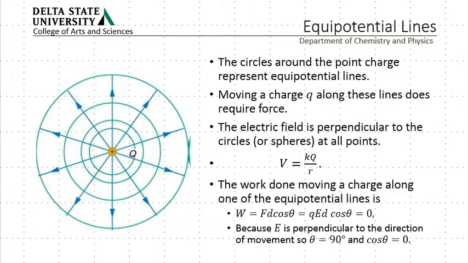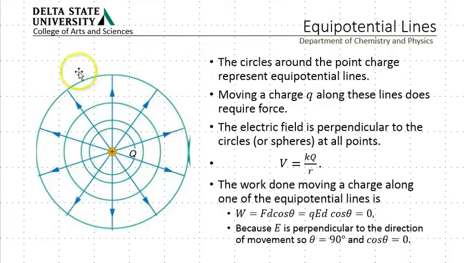So if we look at these circles, all around these circles, if we move around this circle, we're not moving against the electric field at all. That means we're at the same potential energy, right? Our potential energy isn't changing a bit as we go around this circle.